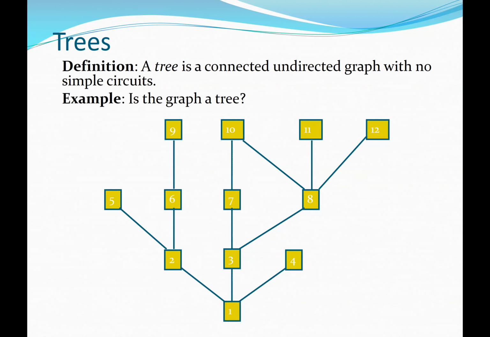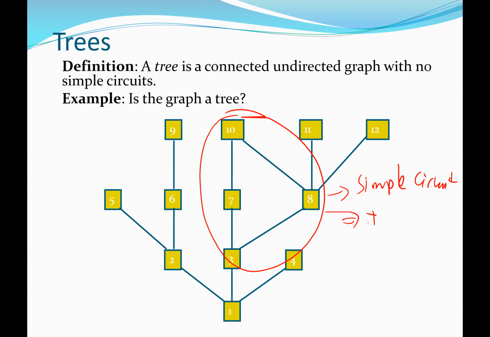The question is, is this a tree? Well, is it connected? Meaning, can I go from one point to another point? Yes, absolutely. But do I have any circuits involved? As you can see, we do have one circuit: 3, 8, 7, 10, that's a simple circuit.